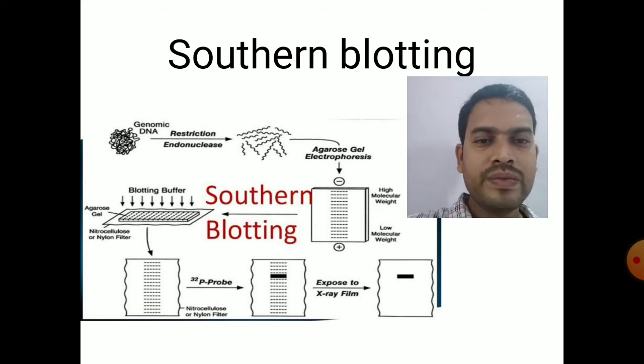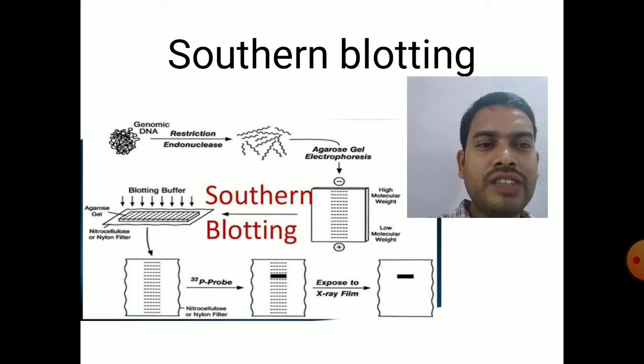After sorting, they are transferred onto a nitrocellulose membrane. The agarose gel is stacked with the nitrocellulose membrane and an alkali is used for the transfer of these DNA fragments from the agarose gel onto the nitrocellulose paper.